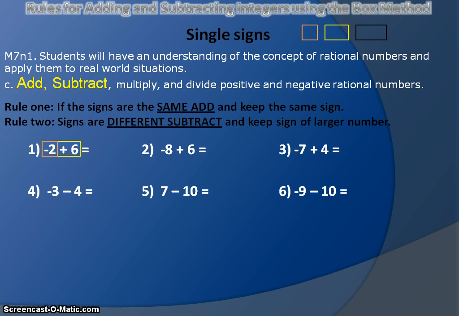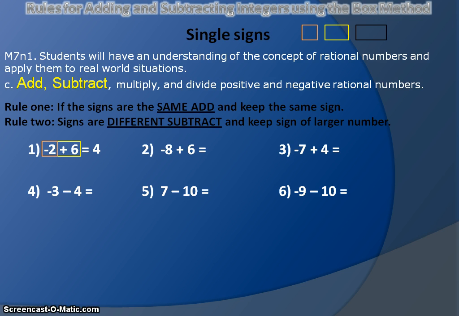So in this case, since our signs are different, we must subtract. 6 minus 2 is 4, and then it says keep the sign of the larger number. So our 4 stays positive because the 6 is larger than 2 and the 6 is positive. So for number 1, our answer is +4.